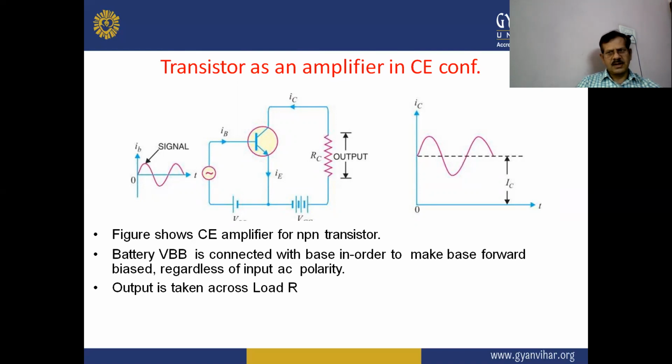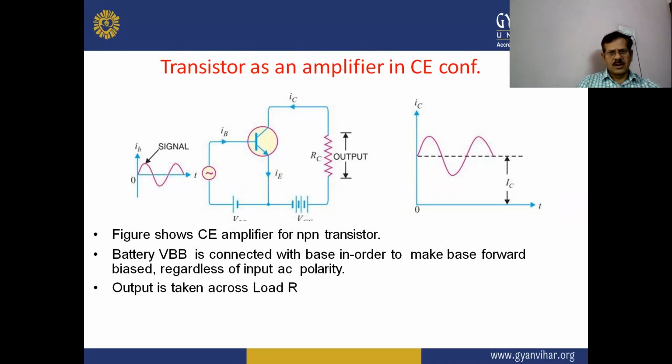This is the DC voltage supply across the base terminal in order to make the base forward biased. So this supply voltage makes the base forward biased, and regardless of input AC polarity, output is taken across load RL in this circuit diagram.